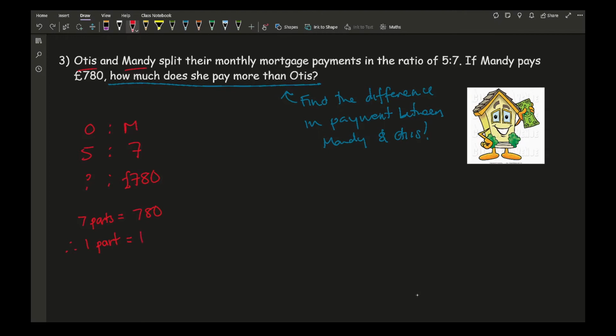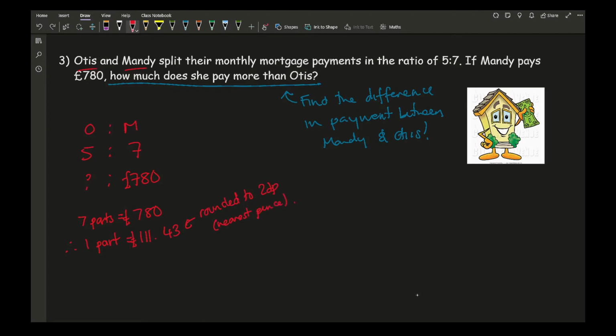That comes out to be £111 and 43 pence to the nearest pence. Not the nicest, but we make do. And that has been rounded to 2 decimal places, or in other words, to the nearest pence.